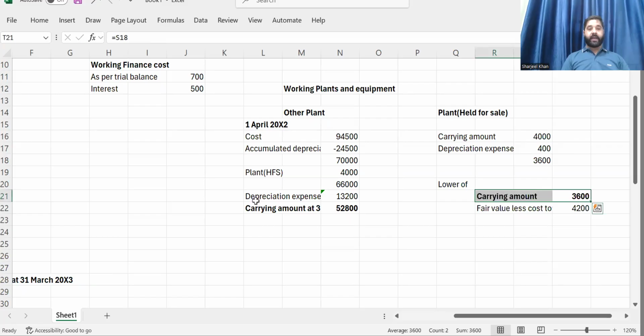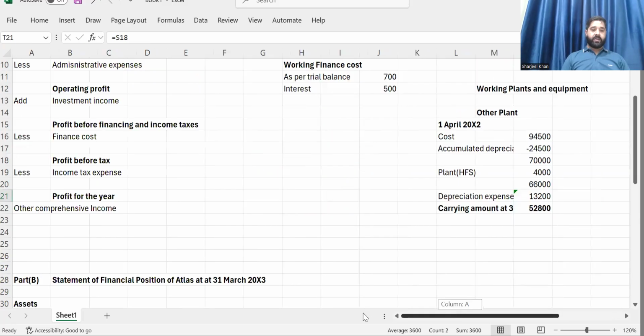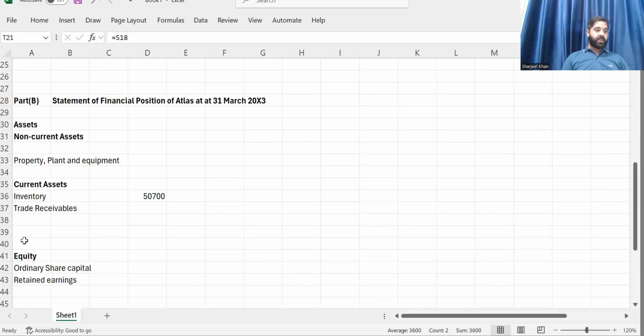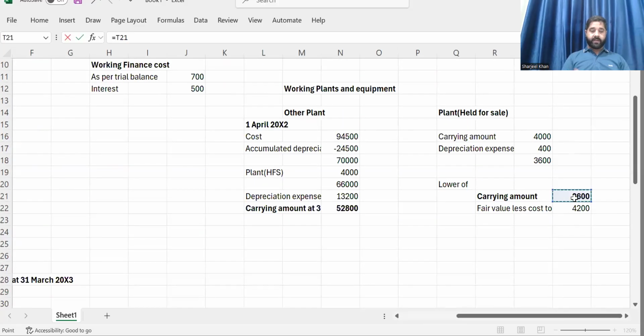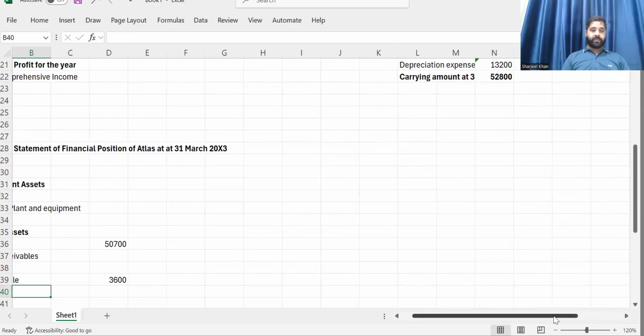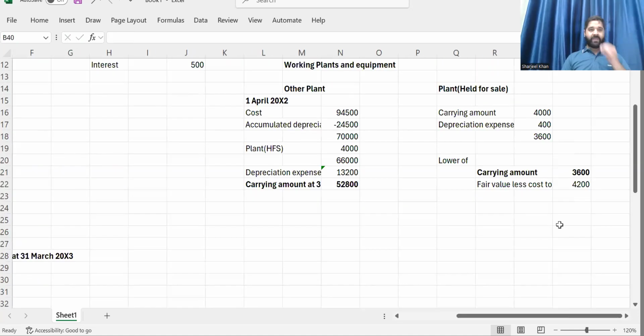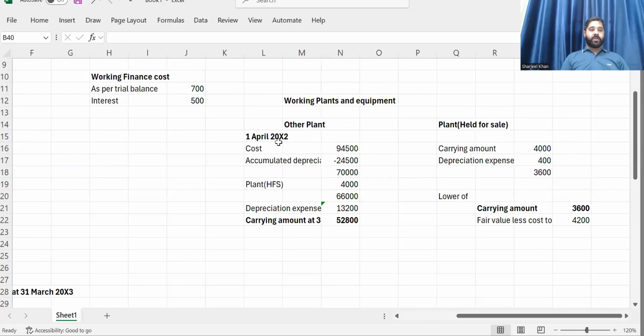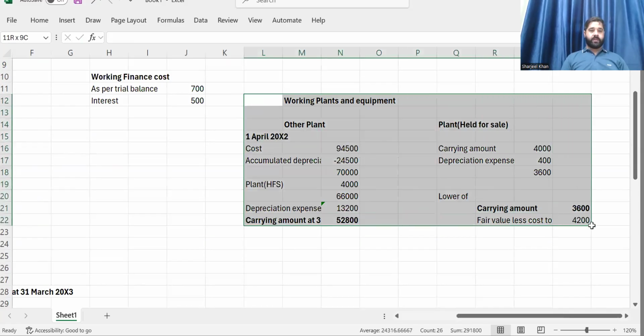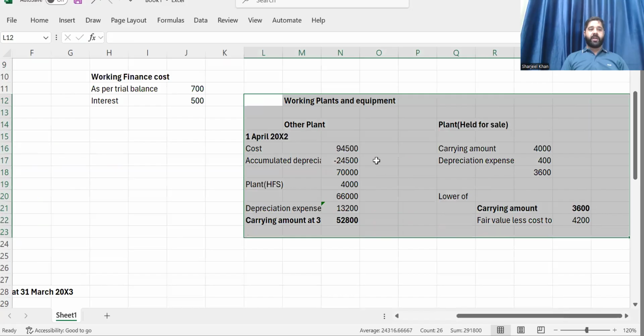It is the carrying amount, 3,600. So in the statement of financial position, it will be shown separately as held for sale, with the reference. Clear? So that was all about the notes related to the plants.